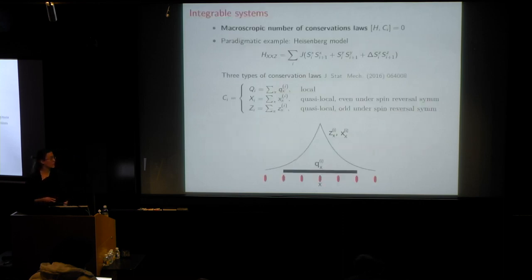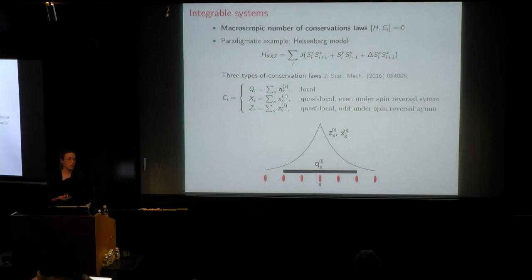Integrable models are special, different from generic models, because they have a macroscopic number of conservation laws. If we highlight the Heisenberg model, one of the most paradigmatic models, it turns out that it doesn't have just one family of these macroscopically many conservation laws, but actually several families.